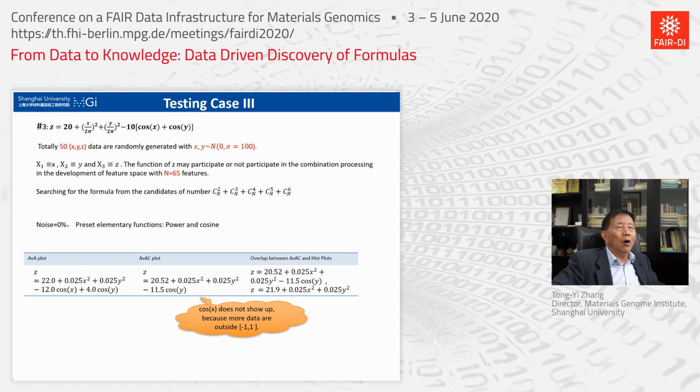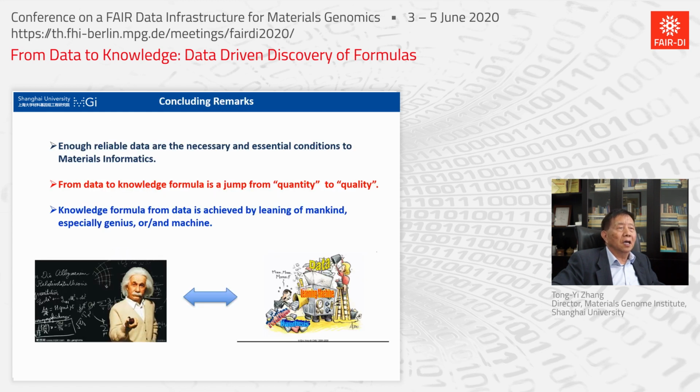So my concluding remarks: enough reliable data is a necessary and essential condition to mature informatics. We have to encourage our colleagues, international-wide colleagues, to share their data with us.